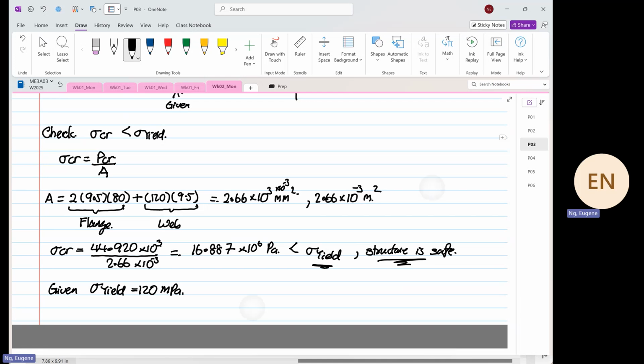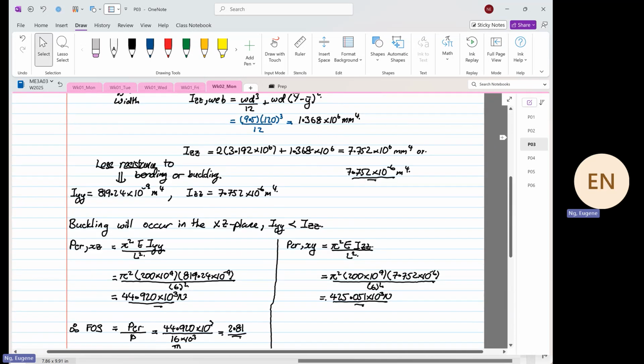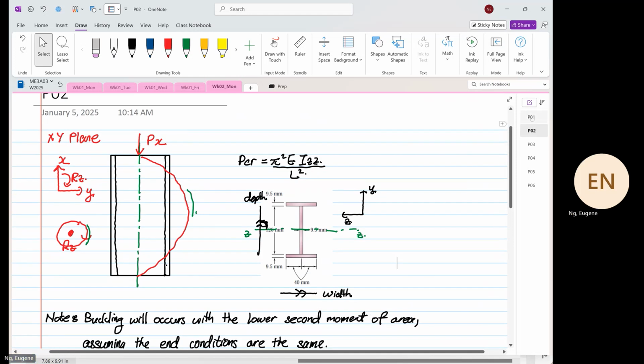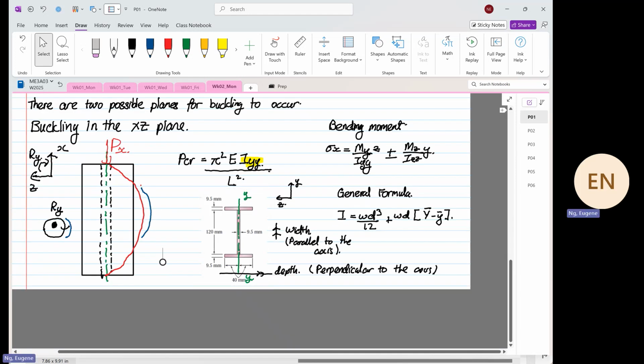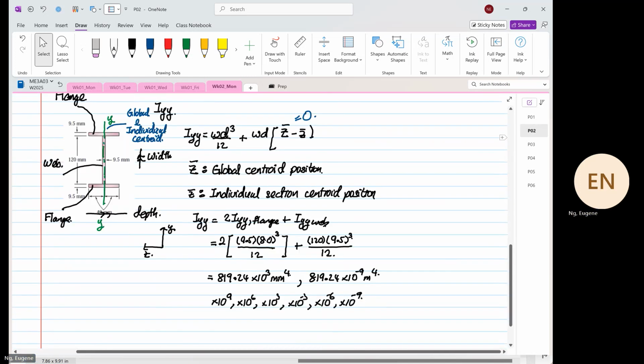So two things that you have to check. What did we learn today? Most important that you have learned today is how to determine your IYY and how to determine your IZZ, what is the width and what is the depth.